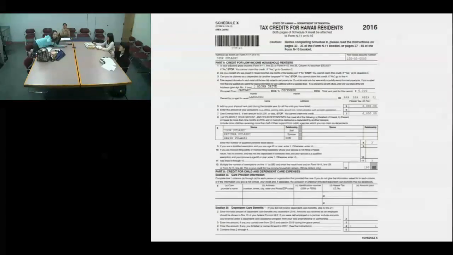Hi, actually, I'm not sure which form I should use, N15 or N11. According to the PPT, F1 students should use N15, right? But it says non-resident.